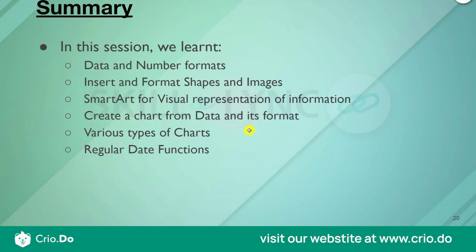Like if you need to record today's time or today's timestamp, accordingly you need to choose between NOW or TODAY. If your requirement is to save the timestamp as well, in that case you will use the NOW function. But if your requirement is to only record the date, in that case you will choose the TODAY function.